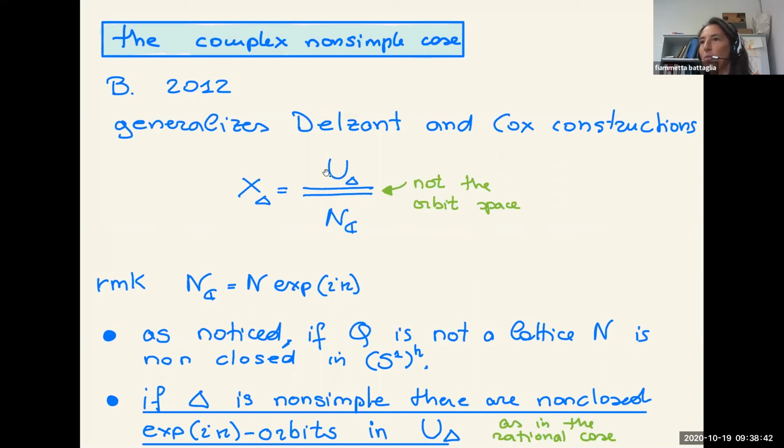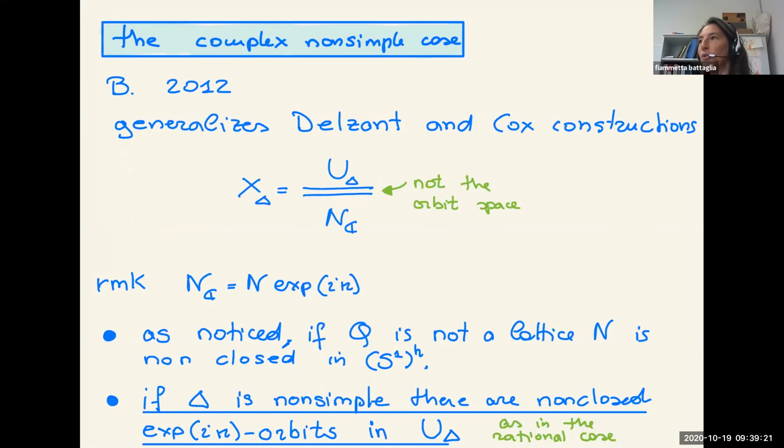So, this phenomenon also happens in the rational case. So what is new here? So we still have that if Q is not a lattice, N is non-closed, as we have seen in general in this kind of construction. Why I wrote again this about the group N being non-closed is because we have two kinds of singularities here.